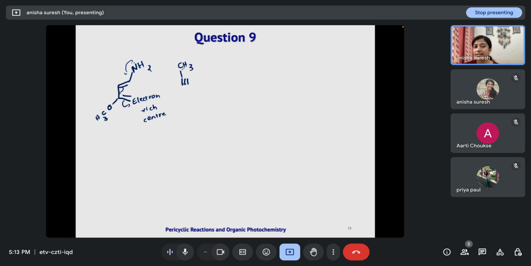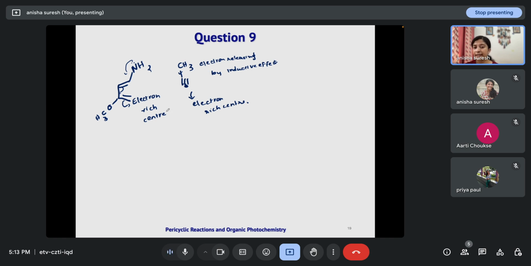And here this CH3 is electron releasing by inductive effect. So this center will be an electron rich center.